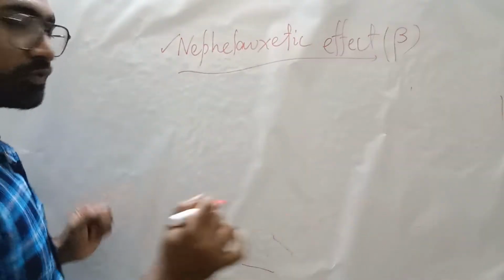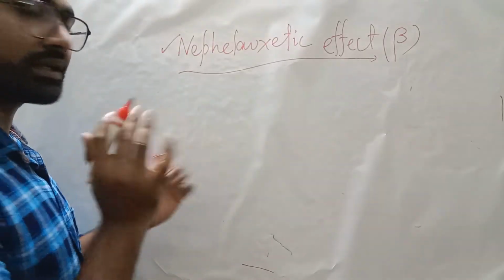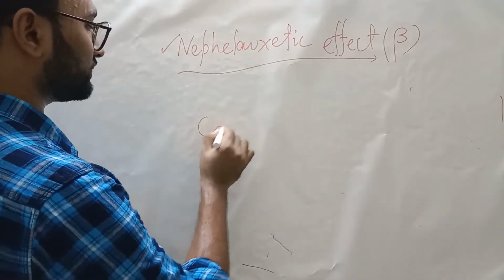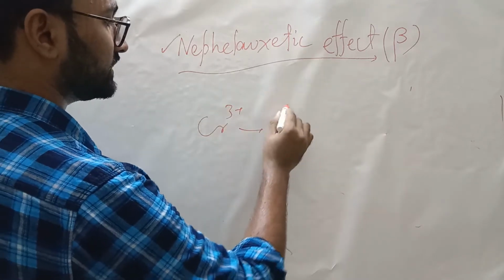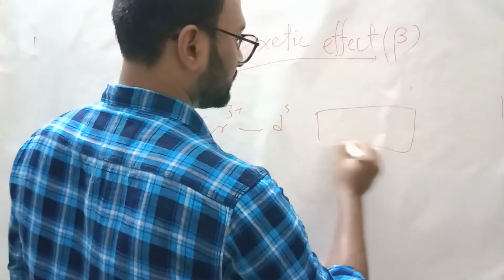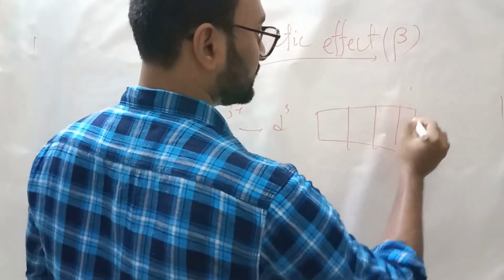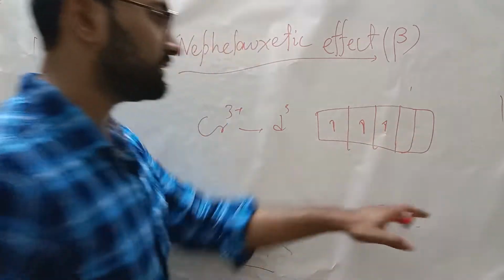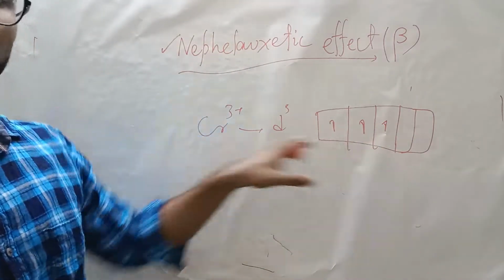Now suppose there is a free metal ion, say chromium 3 plus. Here there are d3 electrons, so only these 3 electrons can be delocalized in the d orbital of the metal.